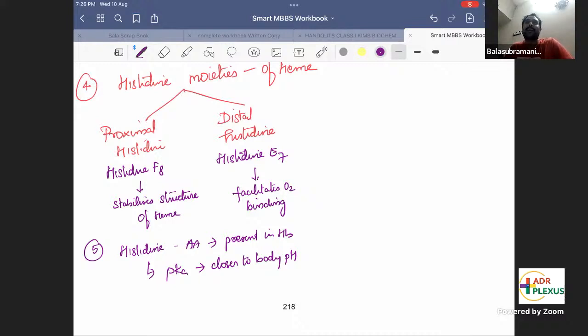The body has a lot of buffers: intracellular buffers, extracellular buffers, protein buffers. One very important buffer is hemoglobin, and the reason hemoglobin is a good buffer is that it has a histidine moiety.